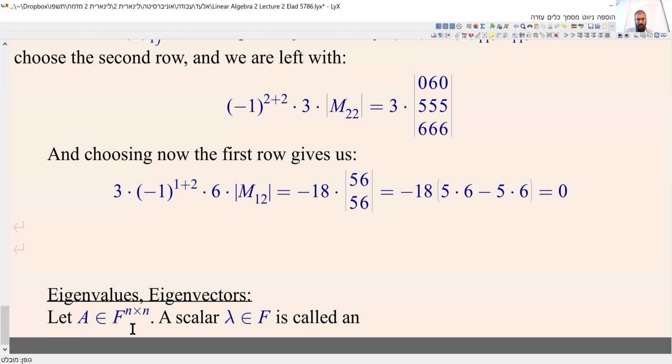an eigenvalue. I can bold the definitions here. On the board, it's a bit difficult to do.